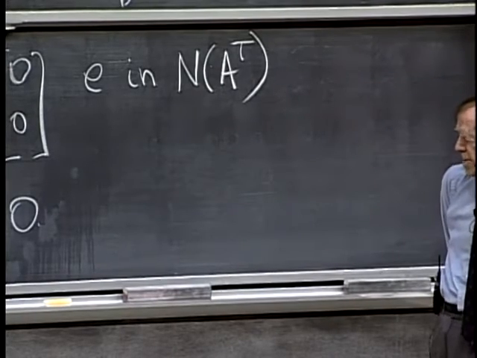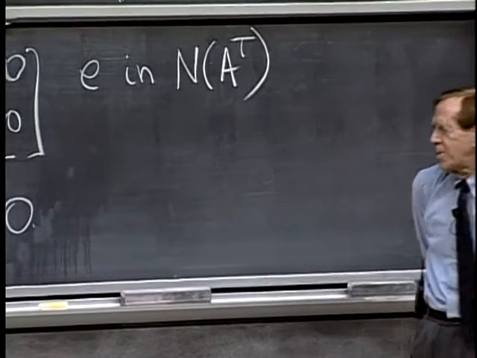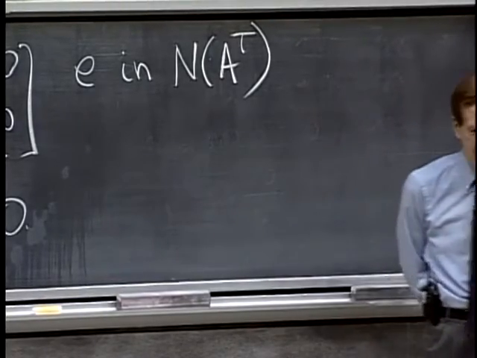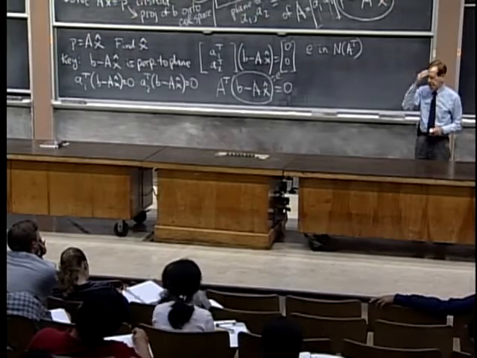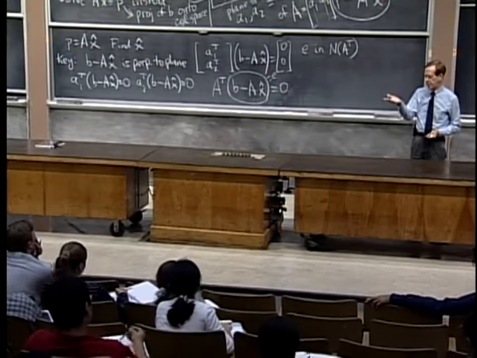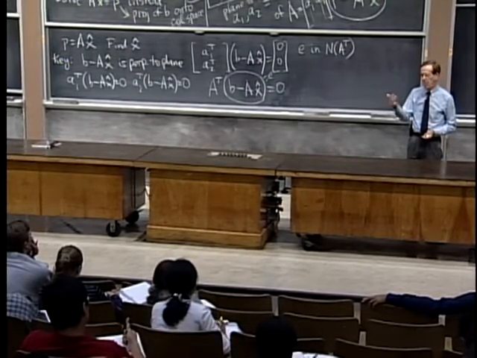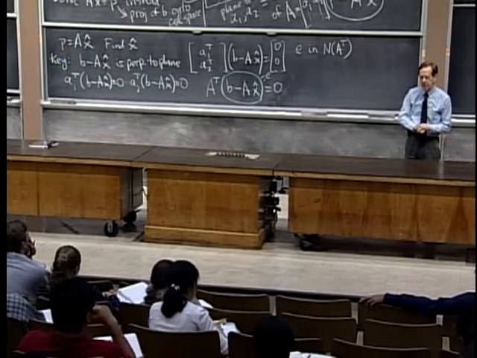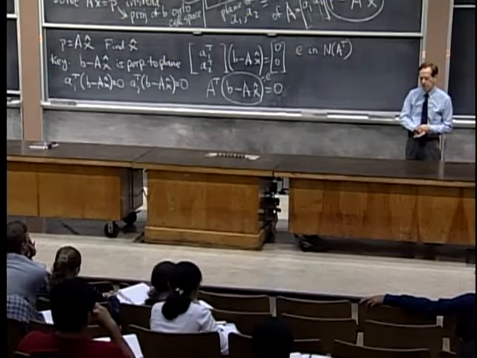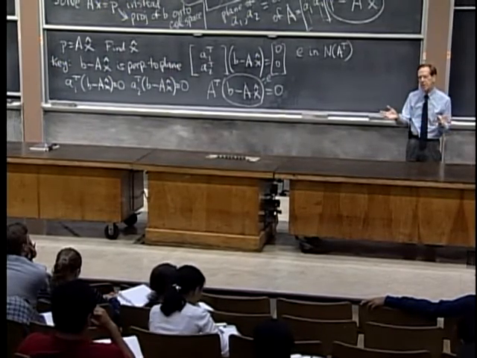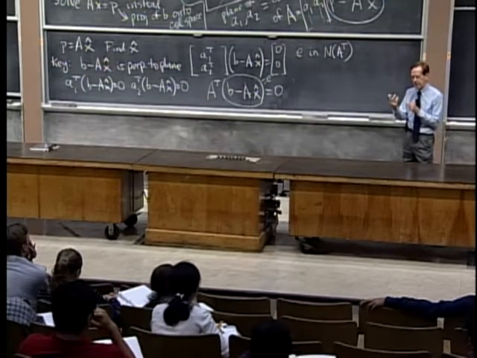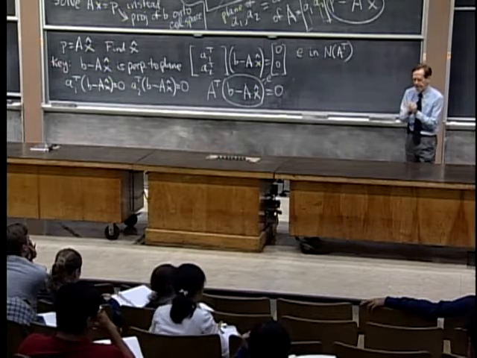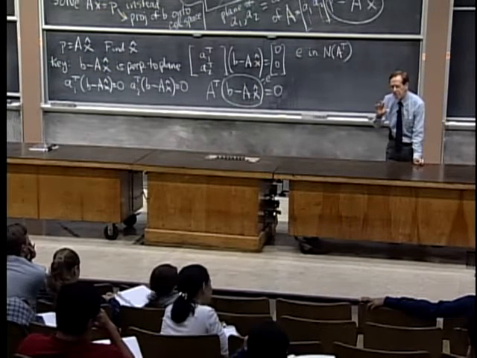And now I just want to see that, of course, that was right. What do we know about the null space of A transpose? The last lecture gave us the geometry of these subspaces and their orthogonality.